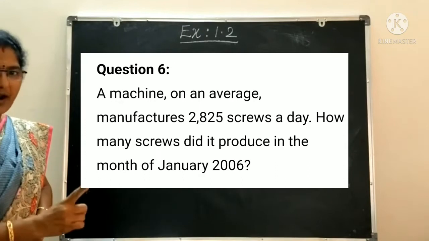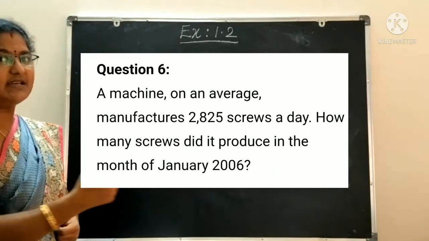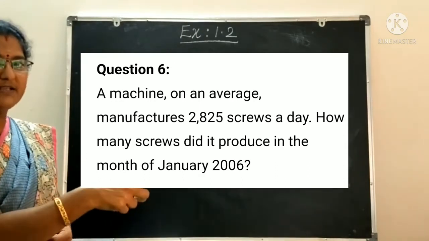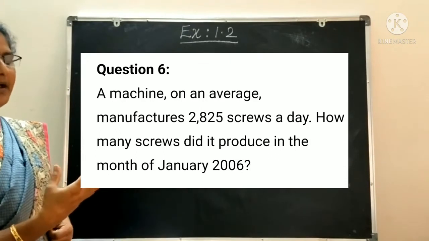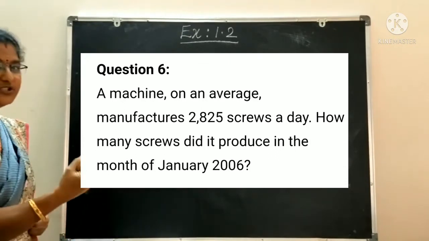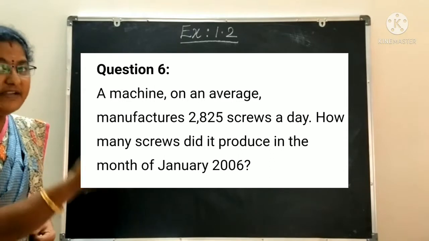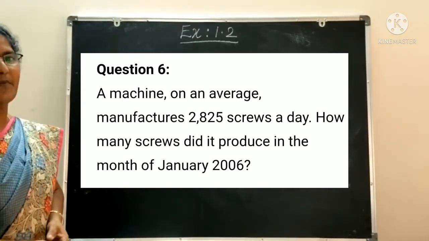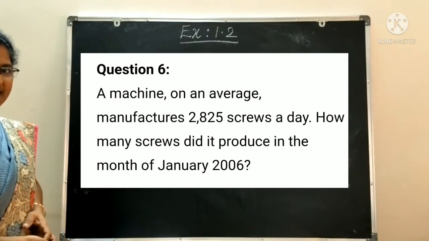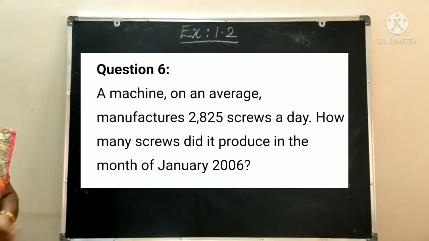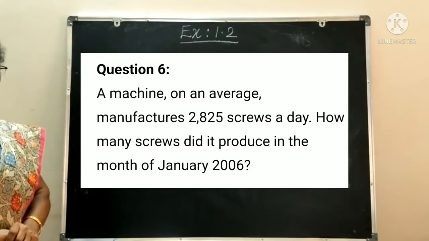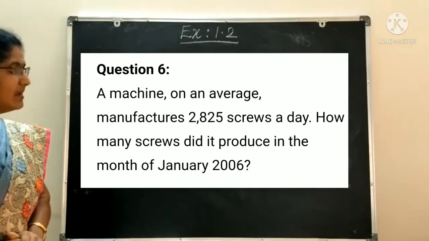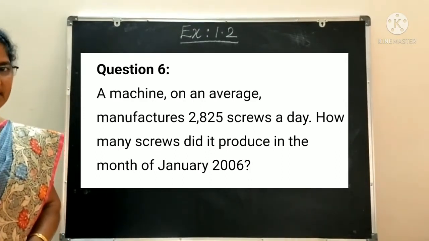They gave for 1 day, so we have to find out the number of days only. The days are given indirectly through the month of January. Understand? So we have to find the number of screws manufactured in 31 days. Are you clear?